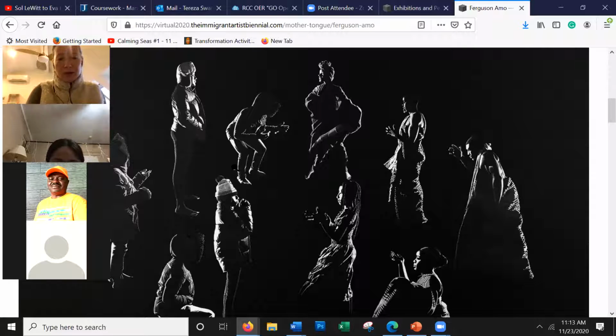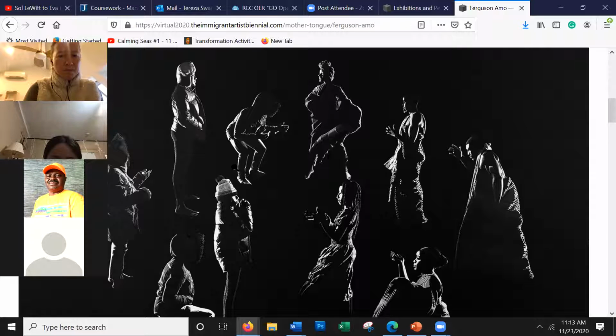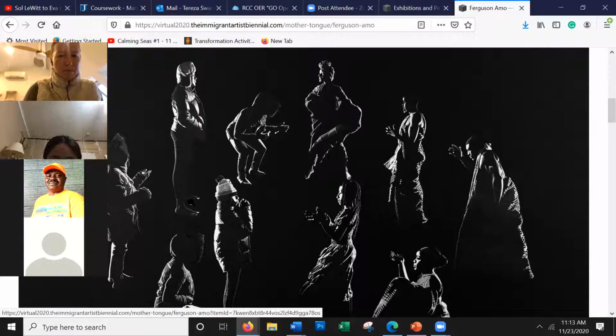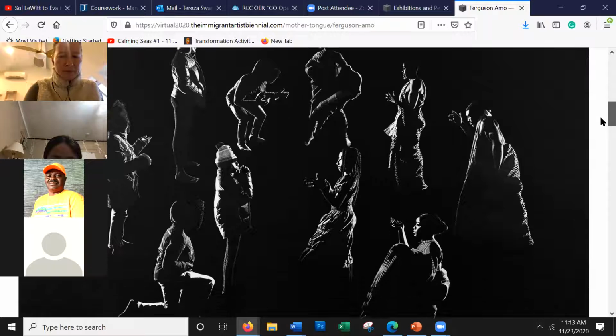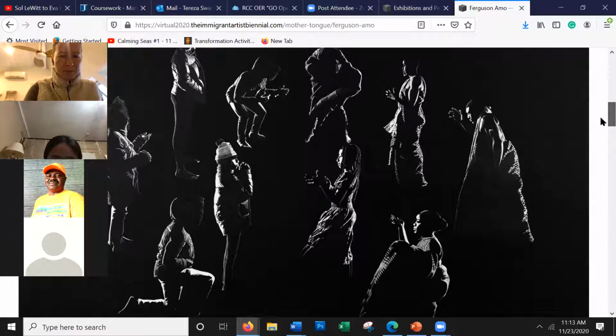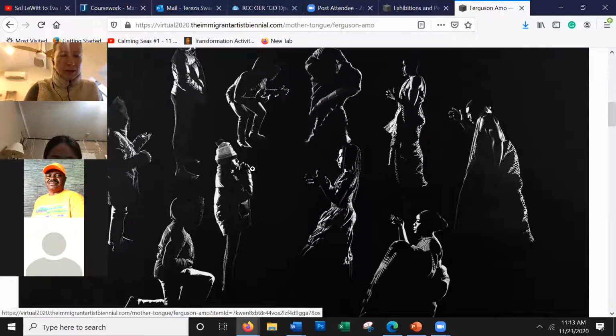I find it really interesting. East meets West. Any thoughts between them? And again, the way that they're standing in the bodies. So go ahead.